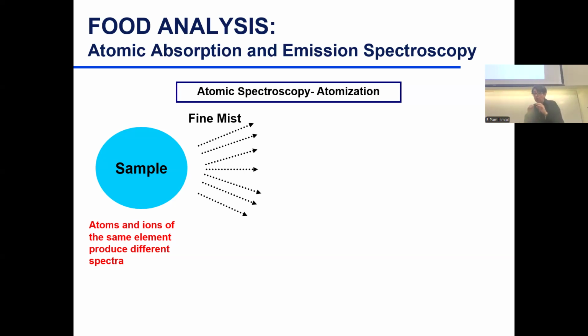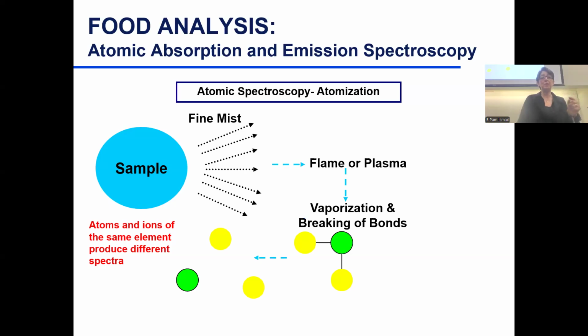So now all of your sample is in small particulates, a mist, and this goes into a flame or a plasma. Flame for absorption, plasma for emission. It goes into a flame. What happens during that flame? Your carrier solvent will evaporate. That's the first thing.